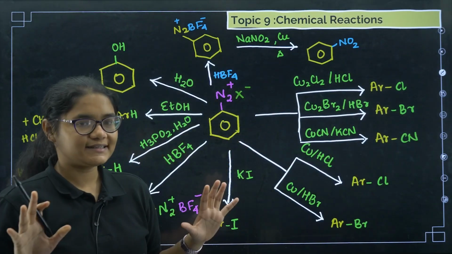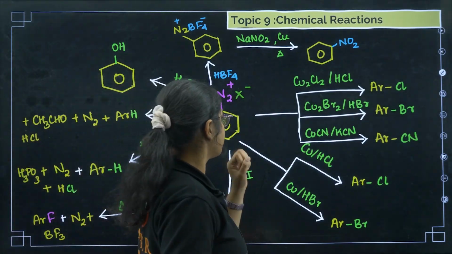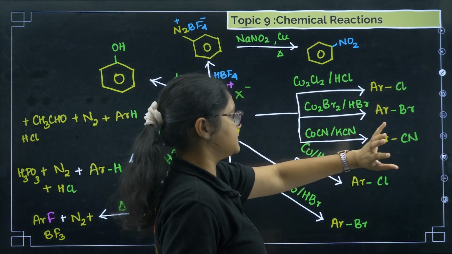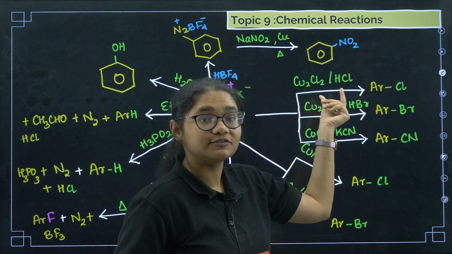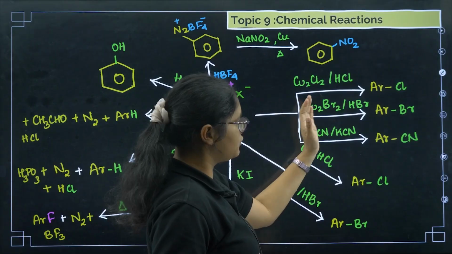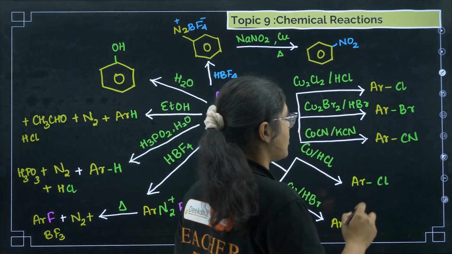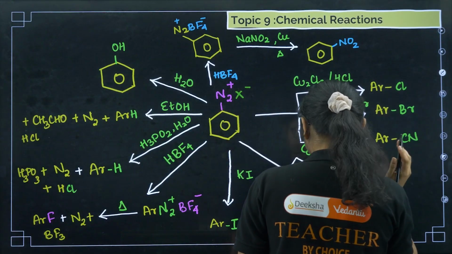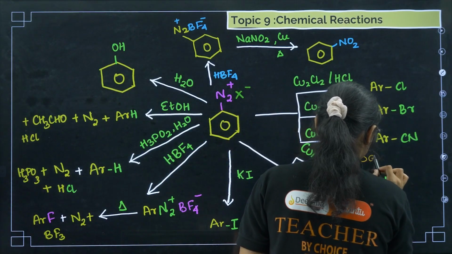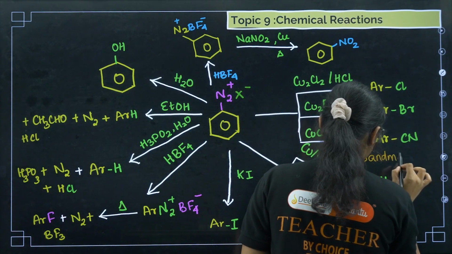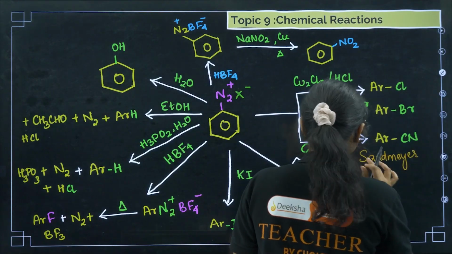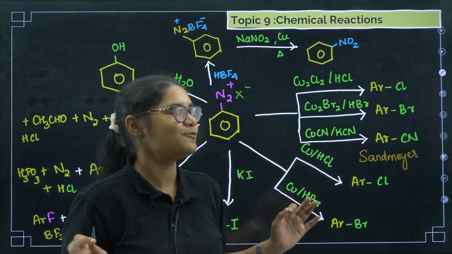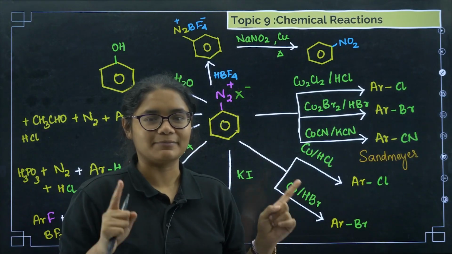Okay, let us see the reactions now. If you want chlorobenzene, bromobenzene or cyanobenzene, and you are taking a copper salt, Cu2Cl2, Cu2Br2, CuCN, then this is called the Sandmeyer reaction. Remember, if salt is there, then Sandmeyer, S and S. I also discovered this right now, as I also get confused between Sandmeyer and Gattermann.